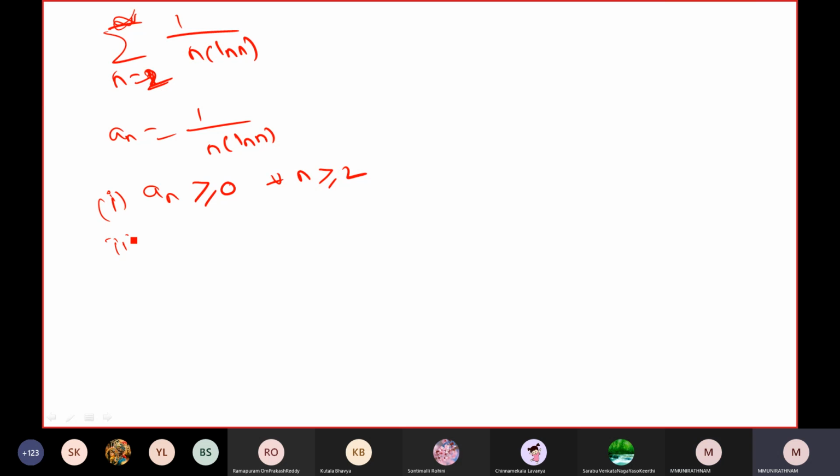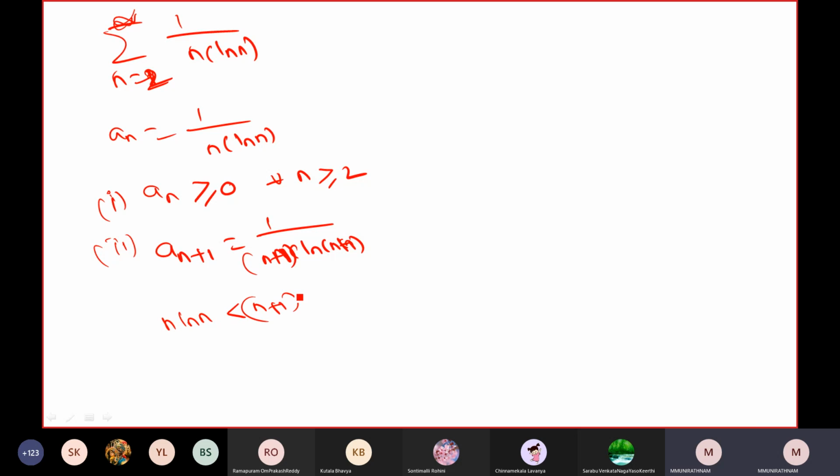Second one, an plus 1 is 1 by n plus 1 into ln of n plus 1. So generally we know that n into ln n is less than n plus 1 into ln of n plus 1. n plus 1 is bigger than n.